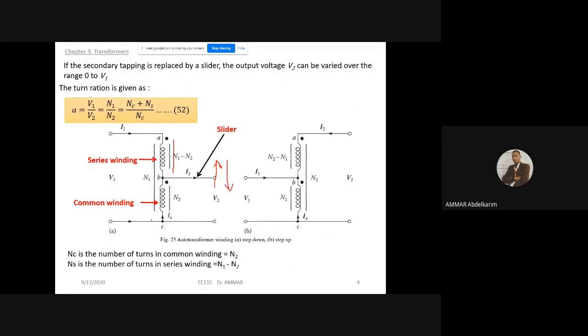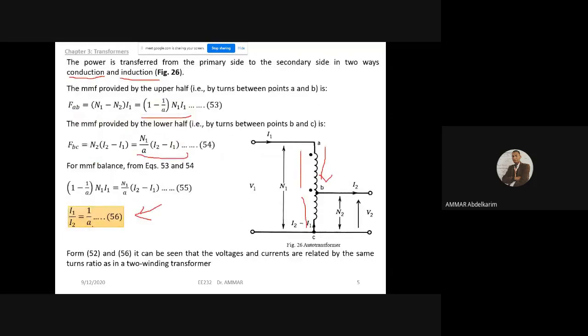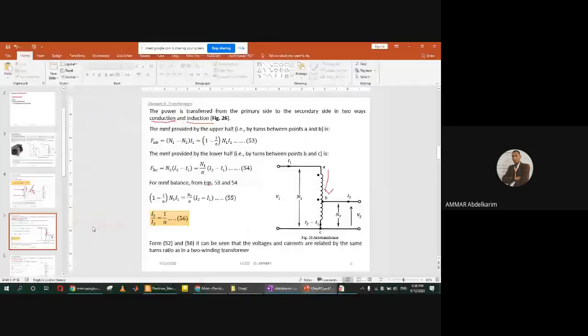We saw before that A equals V1 over V2, and it also equals A1 over A2. So 1 over A is A1 over A2.